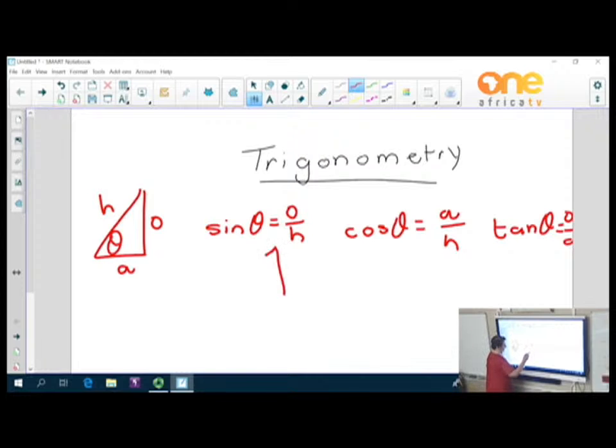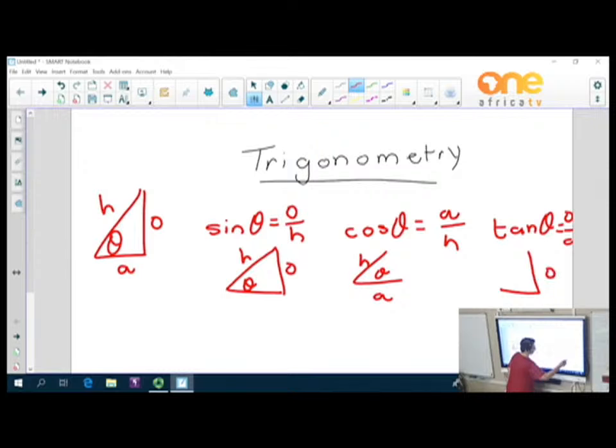Remember here, if this is your opposite and your hypotenuse, for cosine, it's that included angle. And when we work with tan, you have opposite and adjacent, no hypotenuse is involved. We ask ourselves two questions: which function, which method?